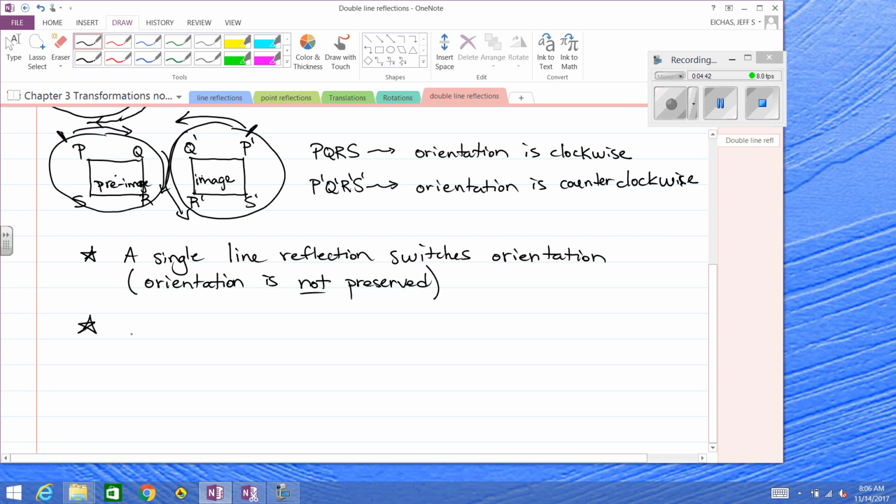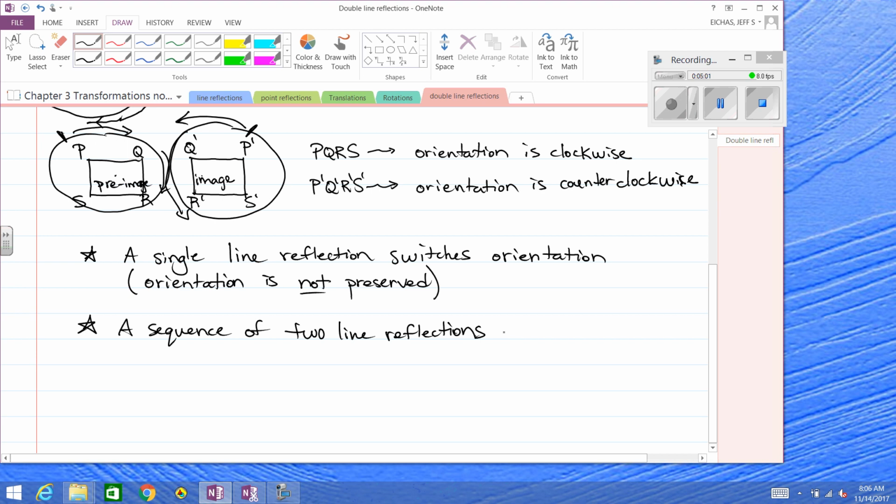Now, a sequence of two line reflections. When you do a sequence, you line reflect over one line, then you take that new image and reflect it over a second line.